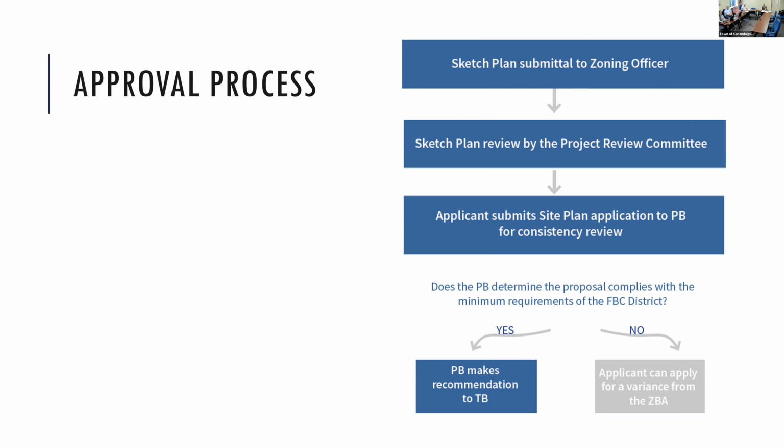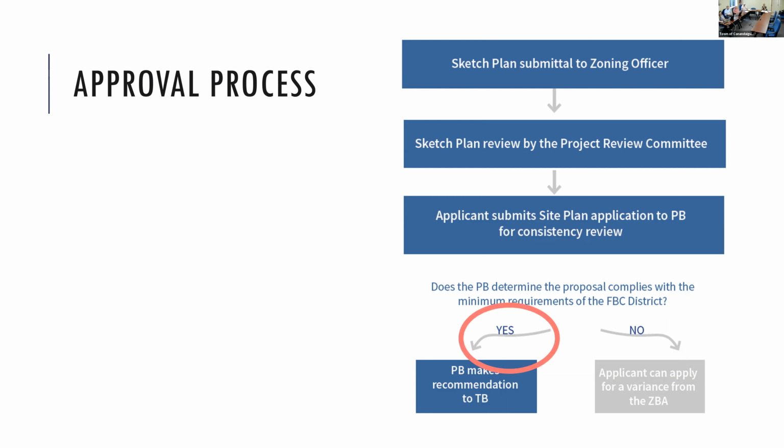Then it's going to the planning board, and the planning board is really then taking that finer look at the checklist and saying, here's where it complies, doesn't, making notes. Even if it all is yeses in the columns, they might still be making notes of things for the town board to take note of. Here are some additional considerations that the town board might want to talk further about.